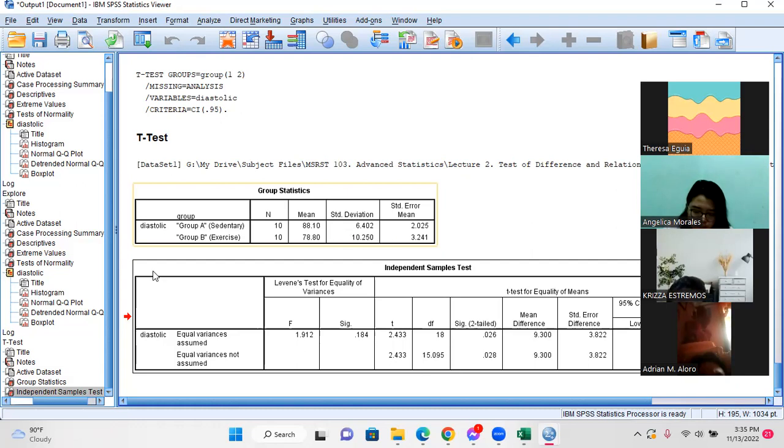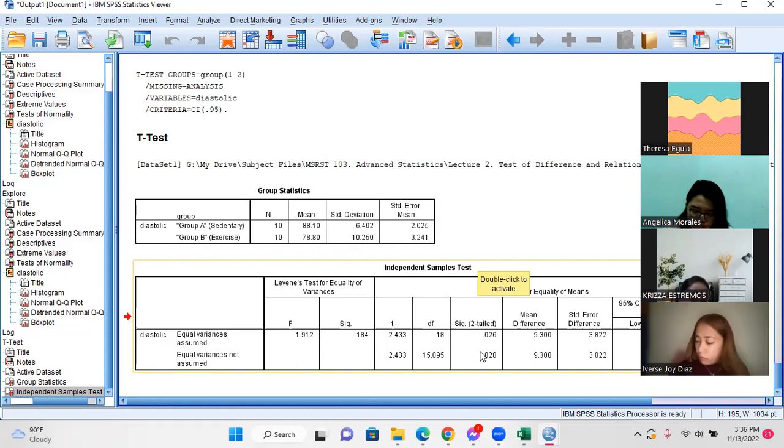Kaya dito, makikita natin sa mean, mababa ang mean score ng blood pressure nila. And napatunayan natin na may significant difference, less than 0.05. Kaya napatunayan natin na kailangan ang exercise to reduce the blood pressure.